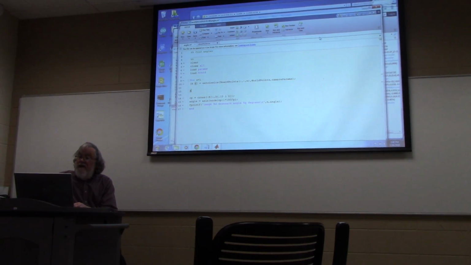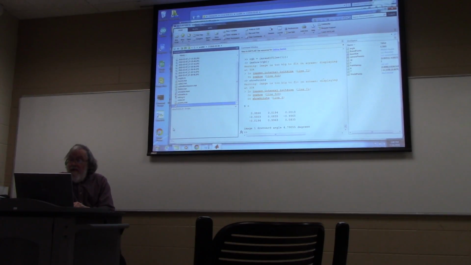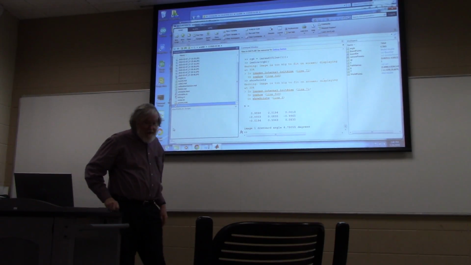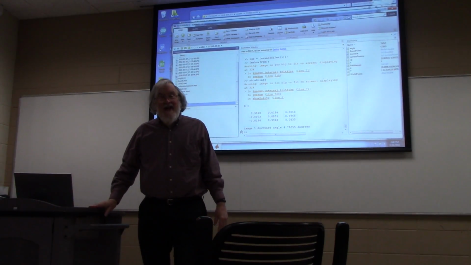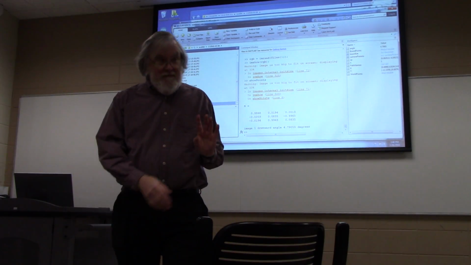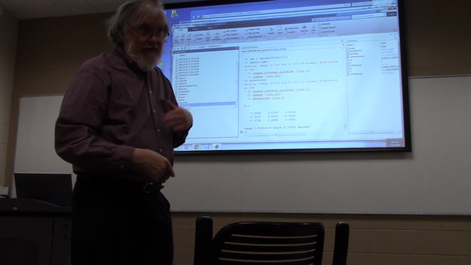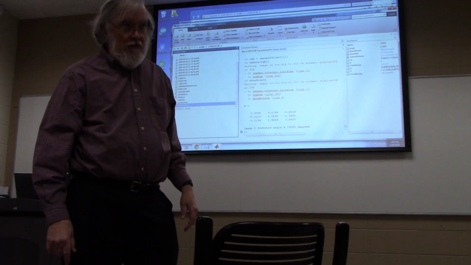Here's the rotation matrix that came from camera extrinsics. So, we know there's a confusion about which way we're multiplying, and whether we ought to look at a row or a column.